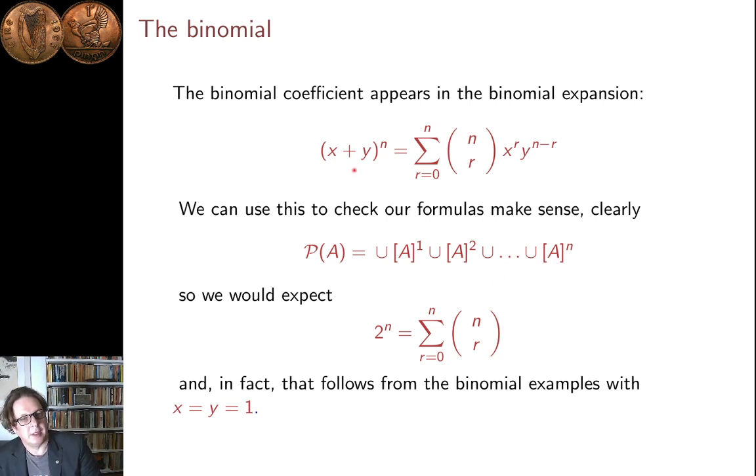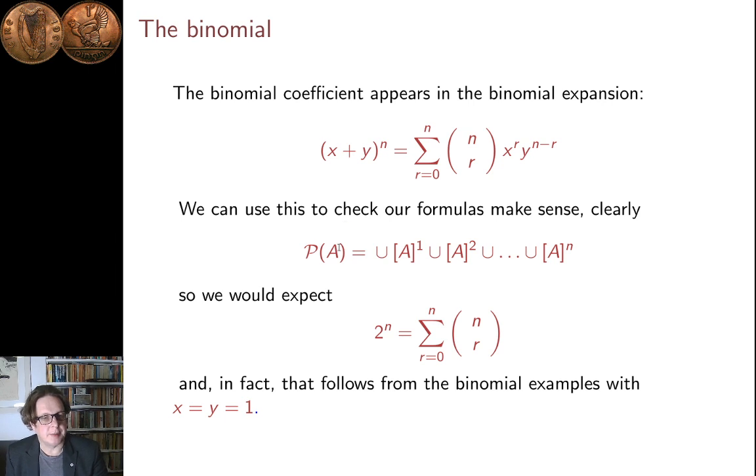So if you have x plus y to the power of n, well that's going to be the sum from r equals 0 to r equals n of n choose r, x to the r, y to the n minus r. And looking at that allows us to check that the formulas we've been working on make sense.